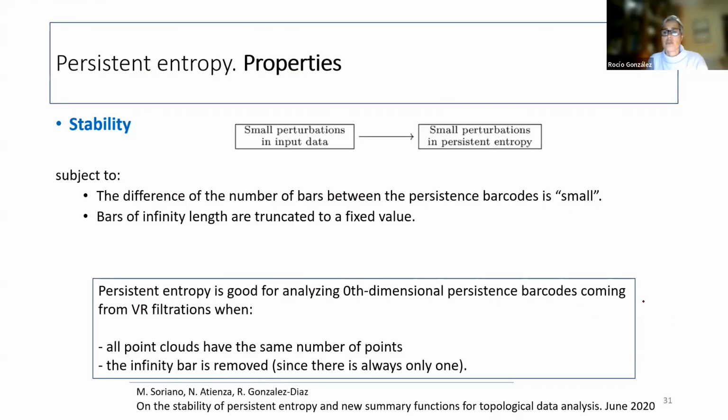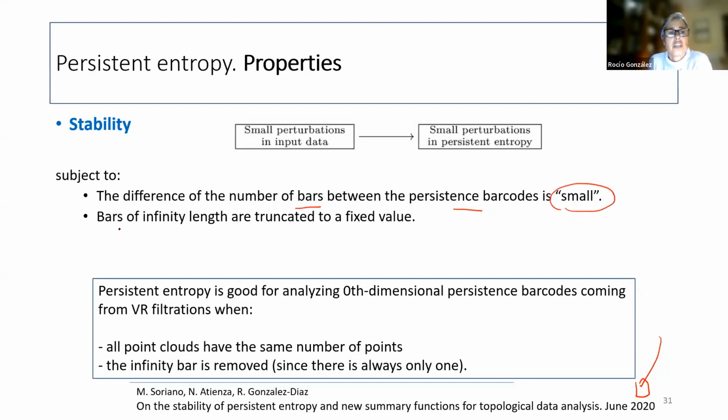What we saw in this paper is that persistent entropy is stable if we put some constraint. The constraint is that if we compare 2 persistent barcodes, the number of bars is similar, so the difference in the number of bars between the 2 persistent barcodes is small.